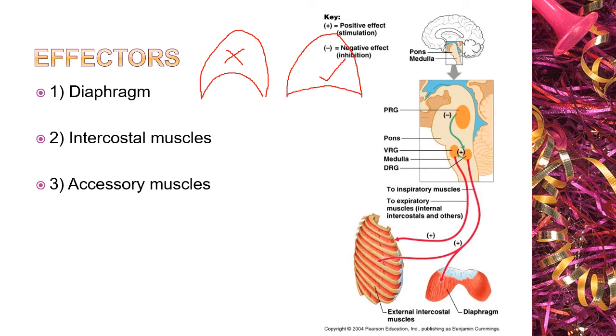But never mind, as long as you understand that when the diaphragm contracts, the dome shape flattens out, and when the external intercostal muscles contract, the ribs move upward and outward, right?